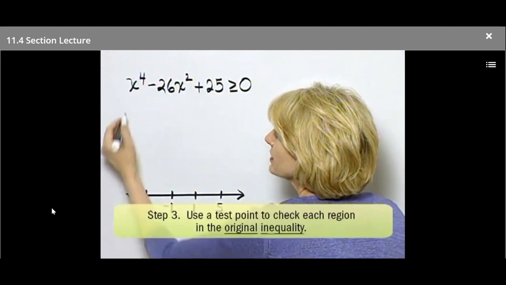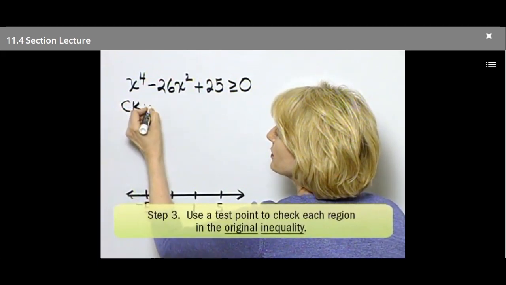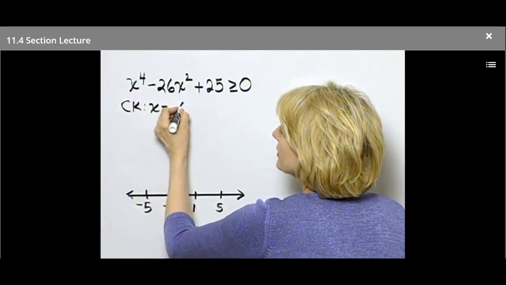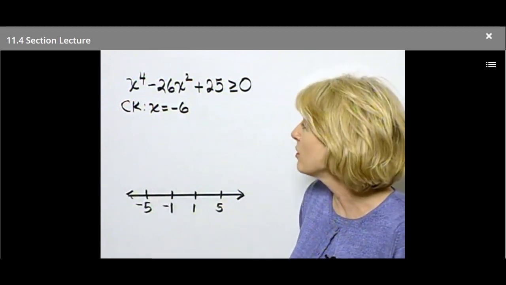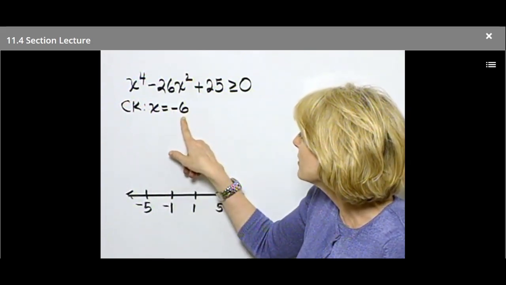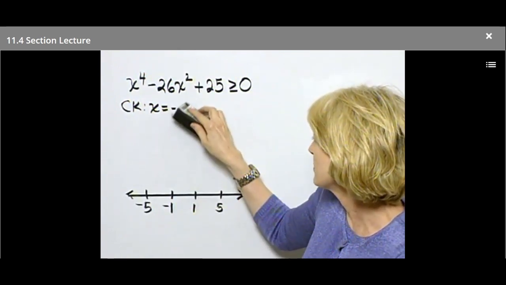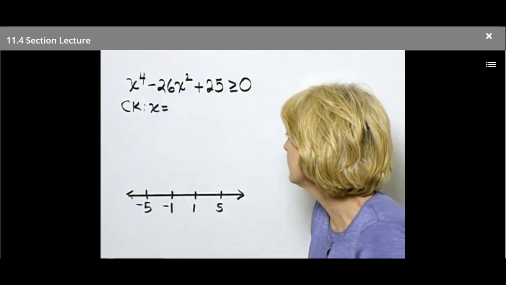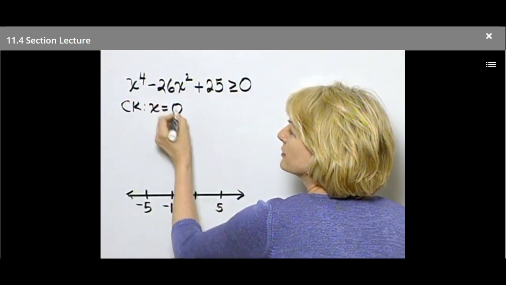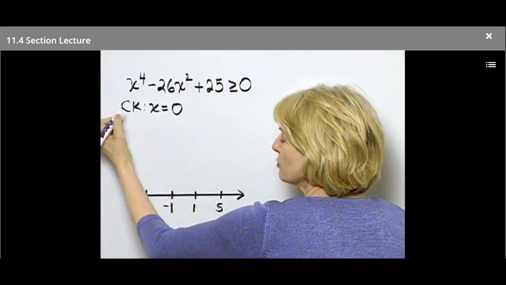Checking, say, -6. And it helps to at least look at the number itself. I'm going to let you check this one, but I'm going to check something like 0, and I'm going to show you a little something that will help you out. Let's check 0.